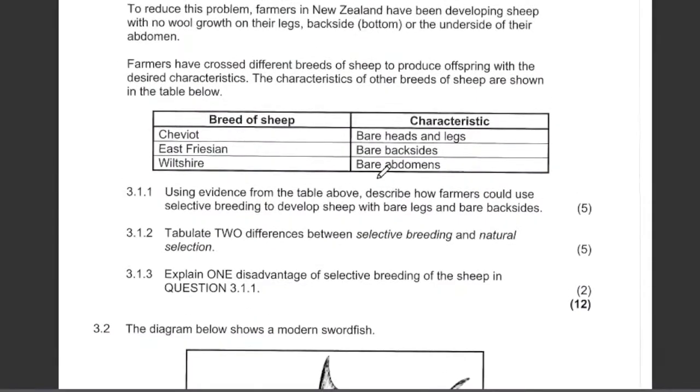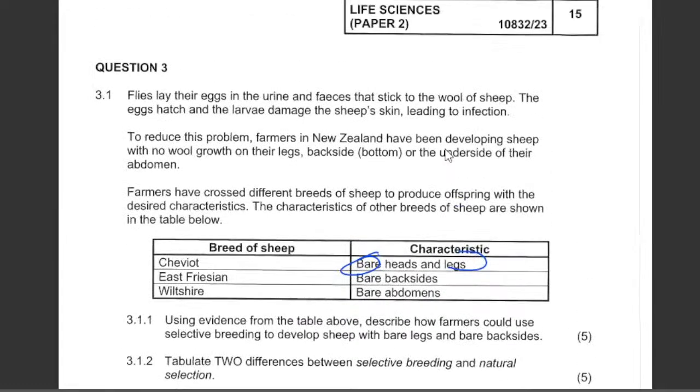In this case, the first thing you're going to do is to select the individuals who have what you want. So basically, you want these legs. You want bare legs, right? Did they say bare legs here? Yes, the farmer crossed breeds, okay, offspring with desirable characteristics, and then with other sheep.